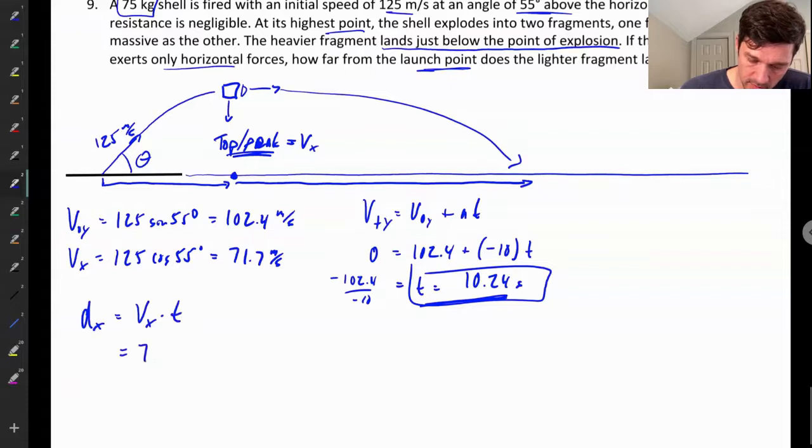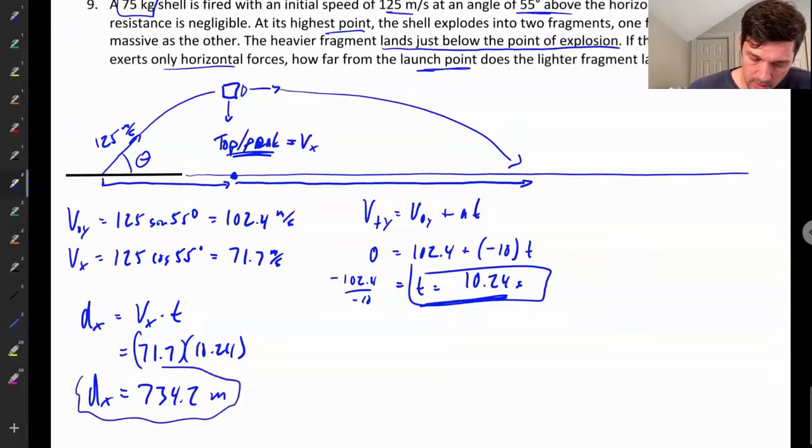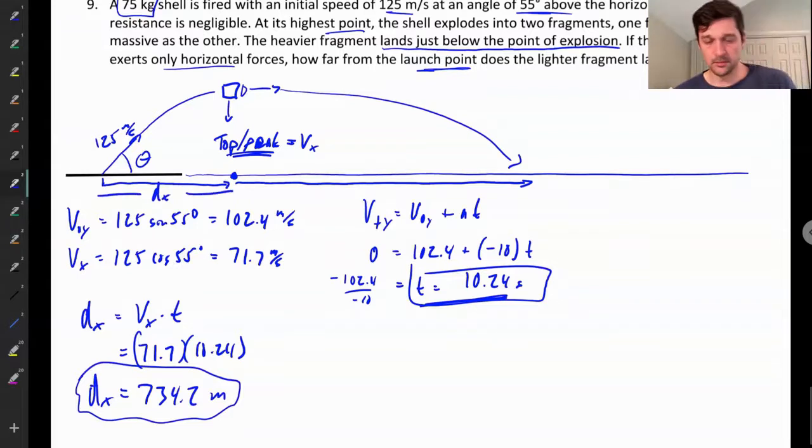So that's going to be 71.7 times 10.24, which is roughly 734.2 meters. All right, so that's just dx right there, just that segment. We haven't dealt with the explosion or after the explosion yet.